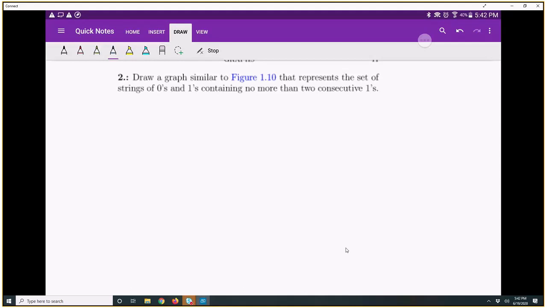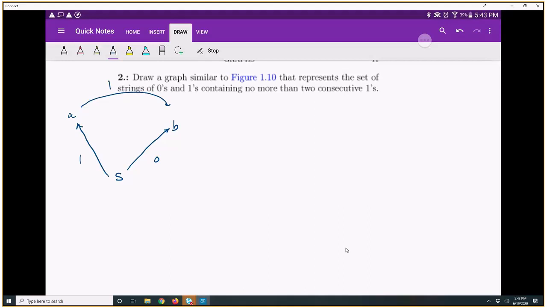So perhaps we could start with vertex S for start, and then B and A as we had before. And I could label them 0 and 1. But I want to make sure that I have strings containing no more than two consecutive ones. So if I start with 1, then I can have one more 1 connecting A to B.